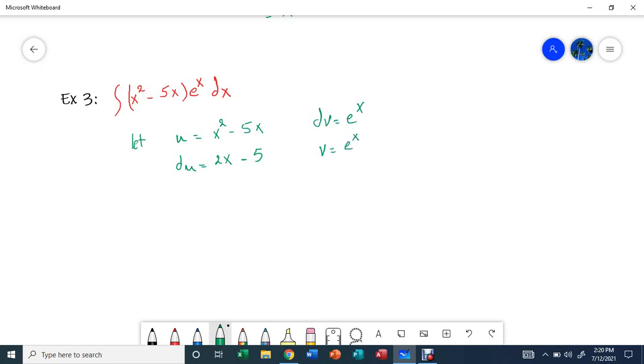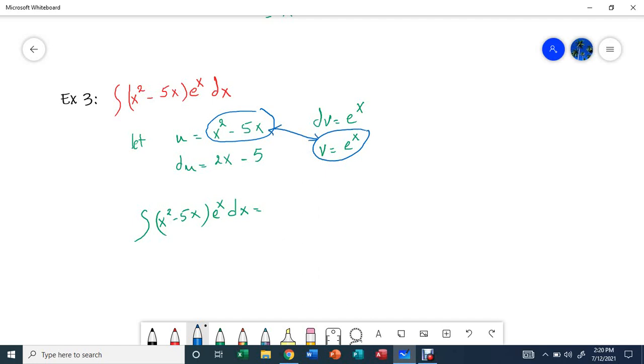So same thing here, our integral will be x squared minus 5x times e to the x dx. So you multiply u by v. This is u, and you multiply it by v. So you get e to the x times x squared minus 5x.